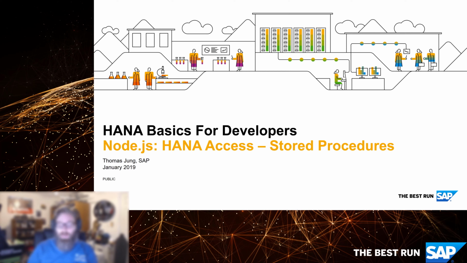Of course, the syntax for accessing a stored procedure with the call procedure SQL syntax is a bit different than just performing a SQL query, and the impact that it has on the way that we use it from, well, really any environment, whether it's JDBC, ODBC, or via the HANA client in Node.js, is a little bit different. And we saw that earlier when we looked at XSJS. There were different database APIs for calling a stored procedure than performing all the other SQL query types.